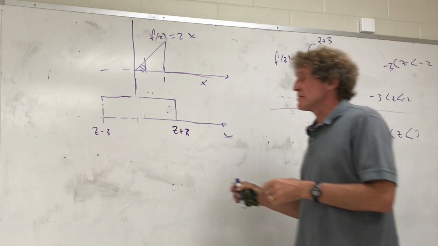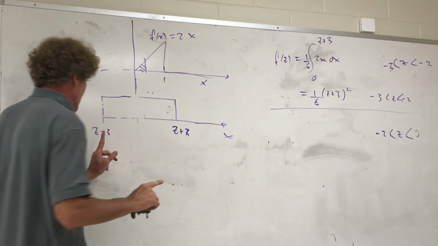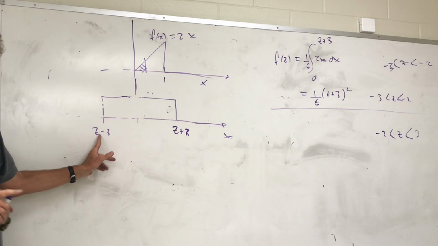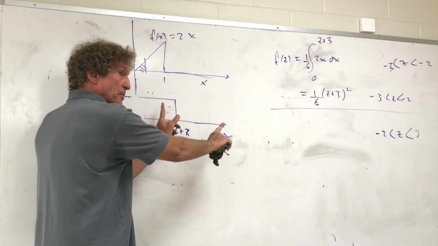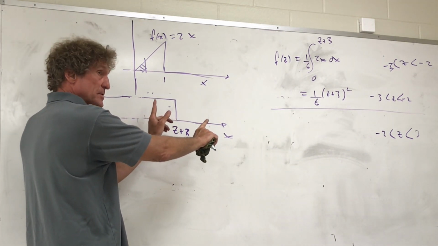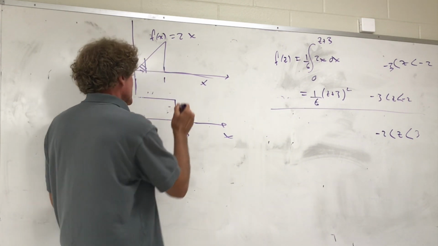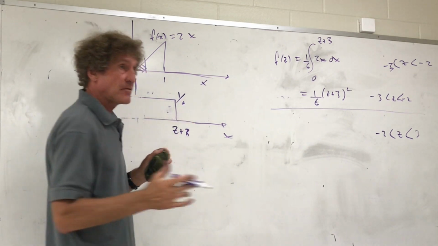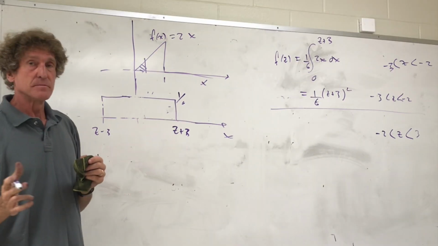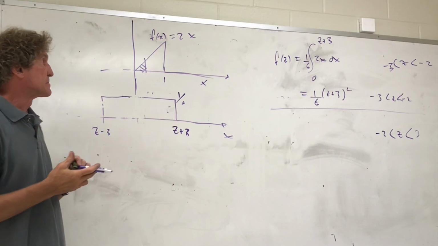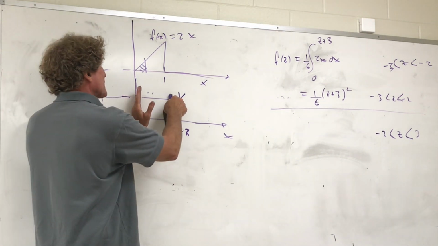When z is equal to 3, this is 0. Do you agree? That's when this thing starts pulling on through, and then we have to worry about a different regime. But all through here, it's just this area times 1/6, this height. Do you agree with that, everyone? Because all of that function is in f of x.